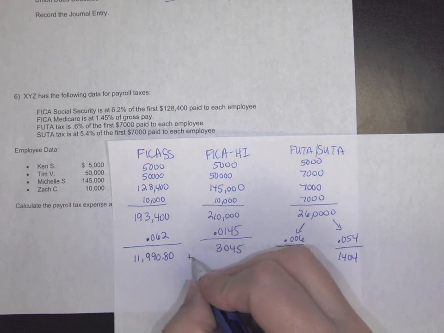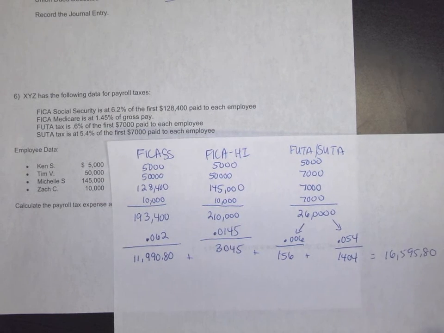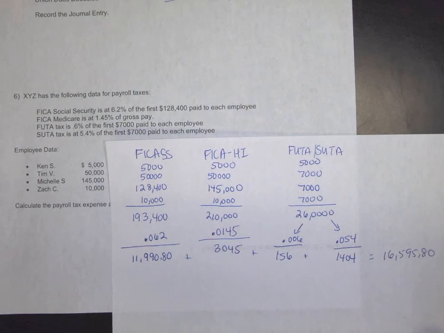And so if we wanted to know how much our total payroll tax expense is going to be, that's going to be $16,595.80. At this particular point, we could do the journal entry because we do know what our payroll tax expense is and we know what our liabilities are going to be for the payroll tax.